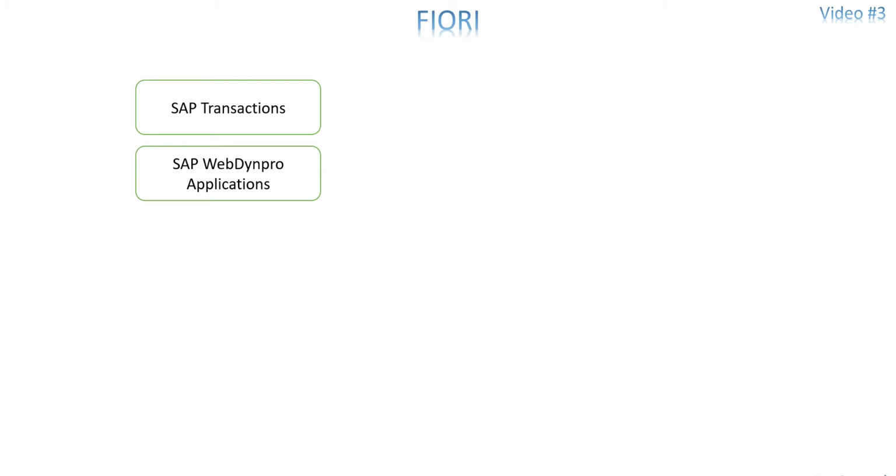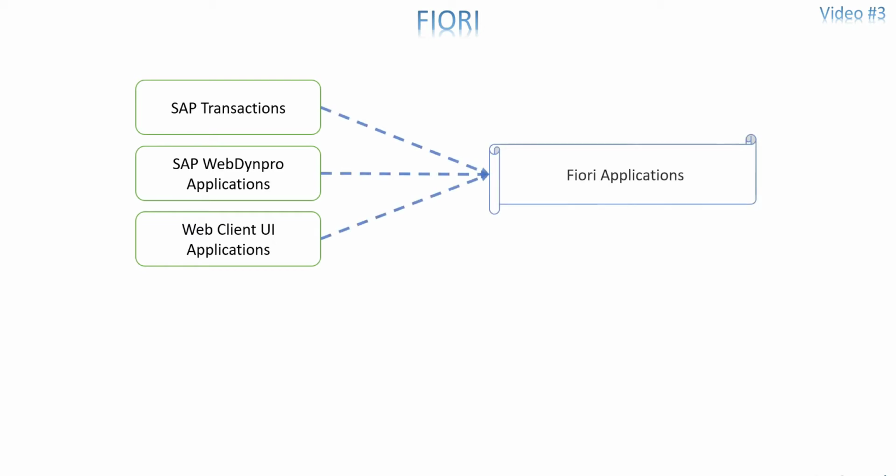It's nothing but HTML transactions. The same way, they have web client UI applications as well. So these are the sources of your Fiori applications nowadays. Again, taking the same example, the source of the purchase order creation and purchase order change applications is nothing but ME21N and ME22N. So there is no big difference there.